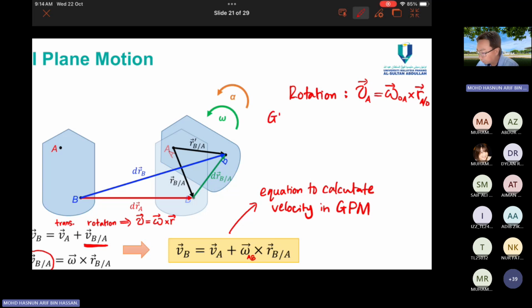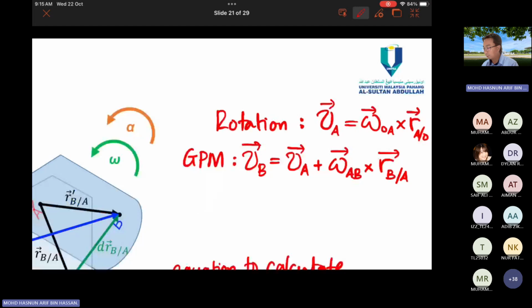And for GPM, general plane motion, the equation now becomes, for another point, vB is equal to vA plus omega AB cross product rB/A. So you can see that the equation is slightly different. The one that is different is this part here. There is one extra component in front, which is the translation component. For rotation, we don't have that component in the equation.